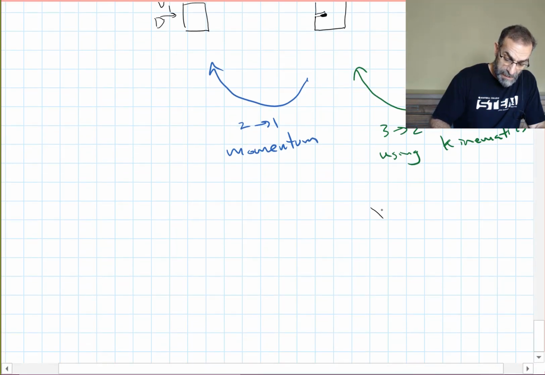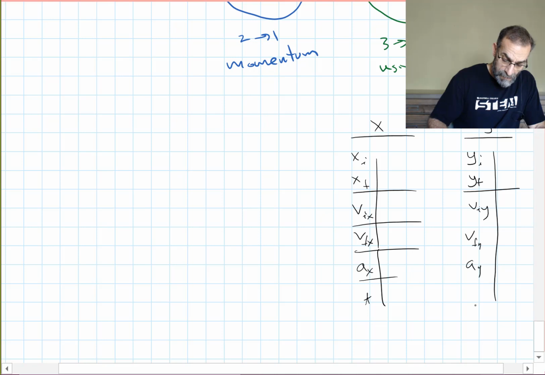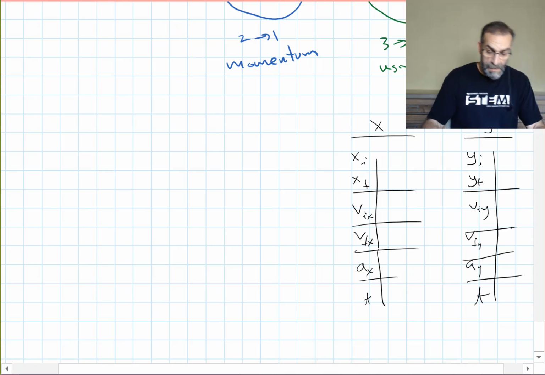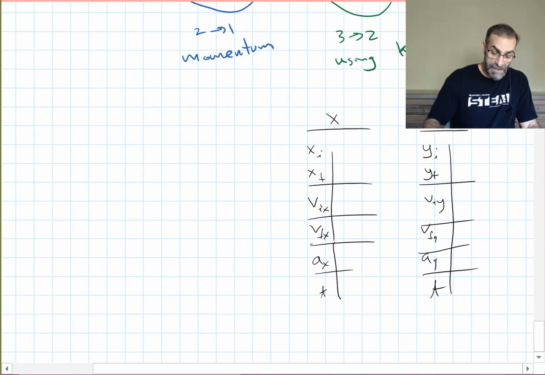So your kinematics: Y is going to give you the time, and X is going to give you the velocity from the distance.